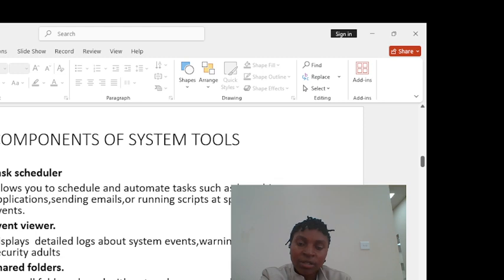We also have Event Viewer, which displays detailed logs about system events, warnings, errors, and security audits. We also have Shared Folders, which shows all the folders that are shared with network users, as well as currently connected sessions and open files.